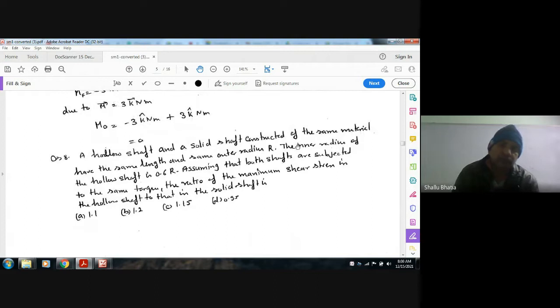Next, a hollow shaft and a solid shaft constructed of the same material have the same length and the same outer radius r. The inner radius of the hollow shaft is 0.6 r. Assuming that both shafts are subjected to the same torque, the ratio of minimum shear stress in the hollow shaft to that in the solid shaft is: option A 1.1, B 1.2, option C 1.15, option D 0.94.